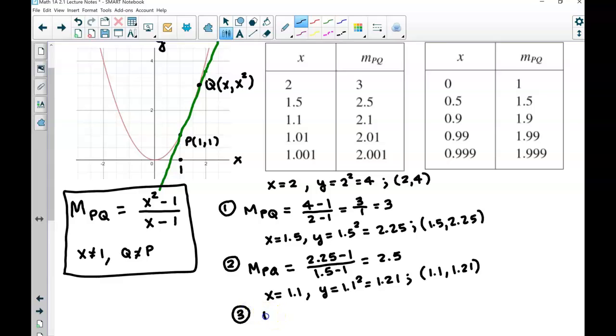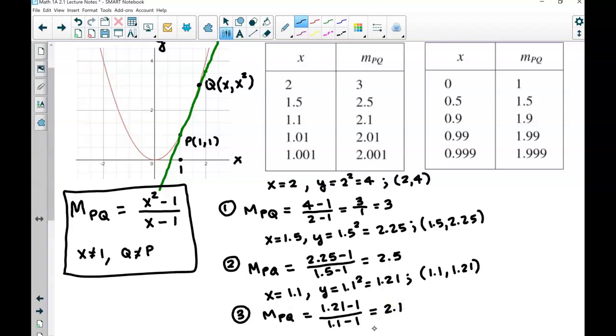Now we're going to find the slope of this. And so we end up with 1.21 minus 1 over 1.1 minus 1. And now we're going to get a slope of what? 2.1.